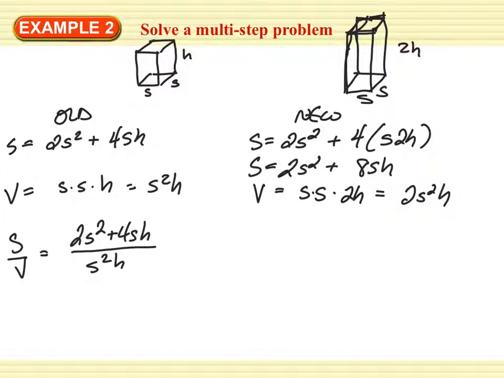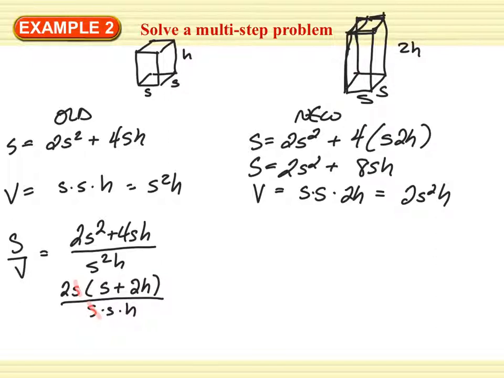And I can actually simplify this. So I factor out the numerator. I can factor out a 2s, and I get an s plus 2h left over, over s times s times h. I can cancel out the things that are common, which is an s and an s.